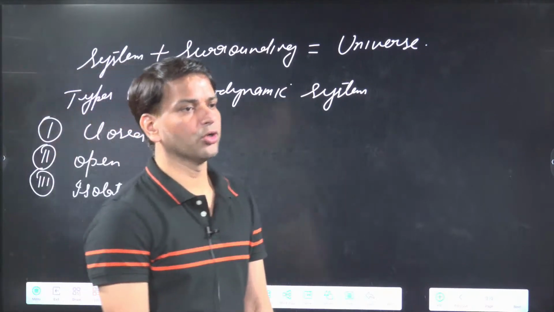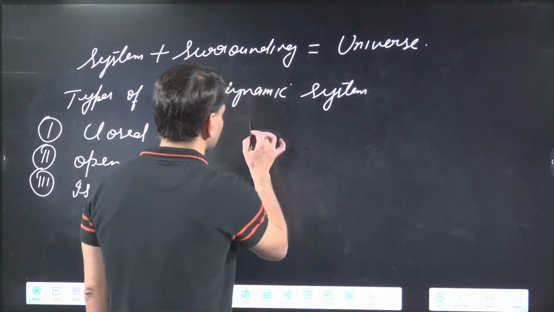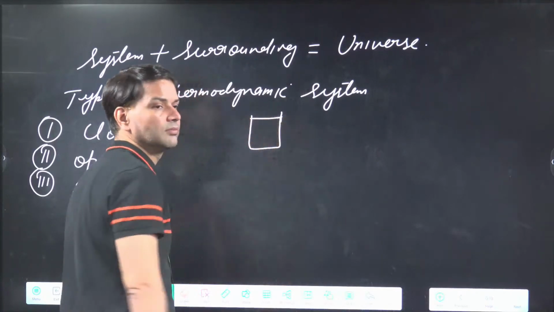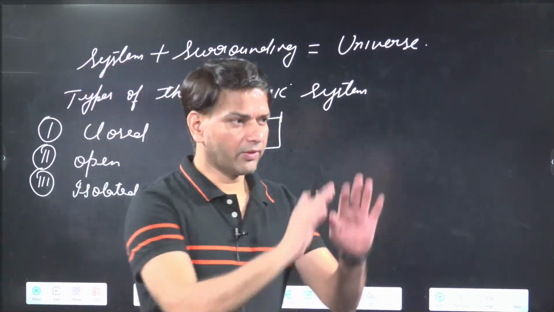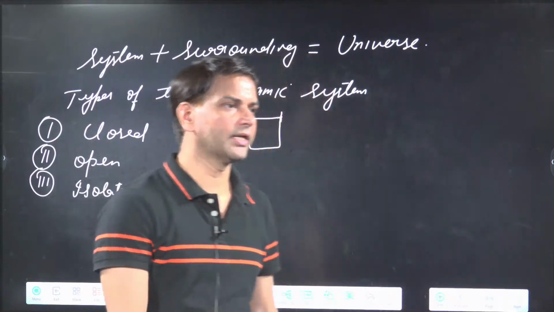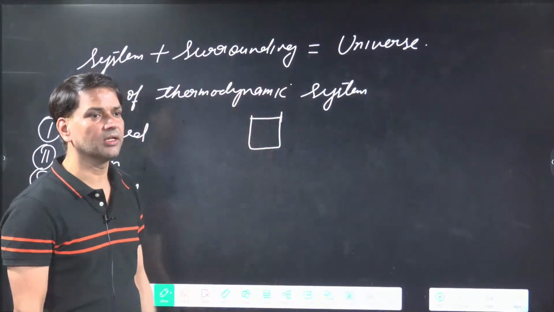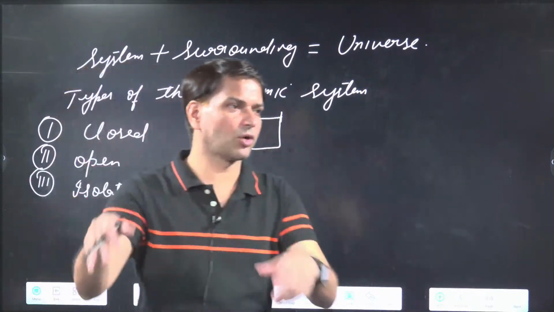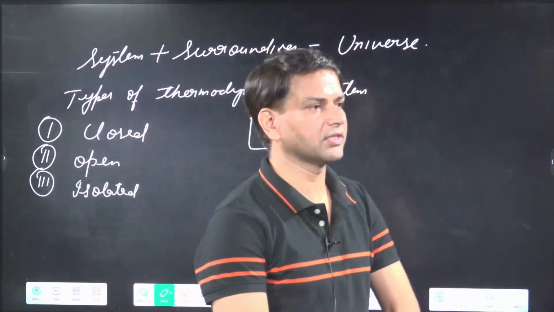Closed system means what? Suppose you have a gas that is enclosed by a piston. If I put this system in a surrounding, the outside is the surrounding.